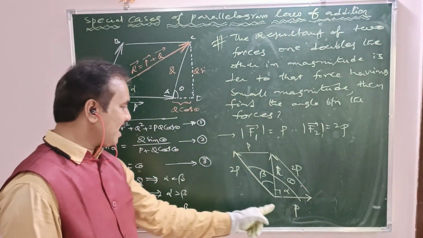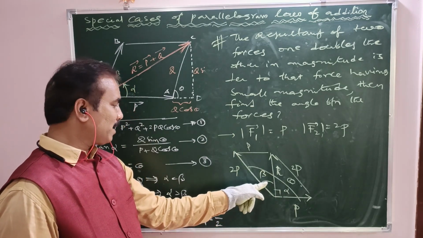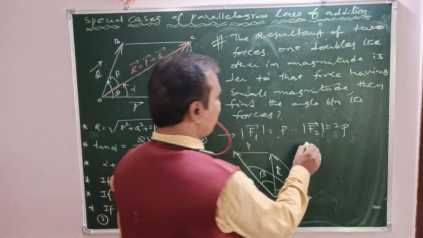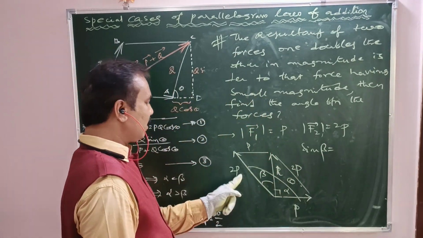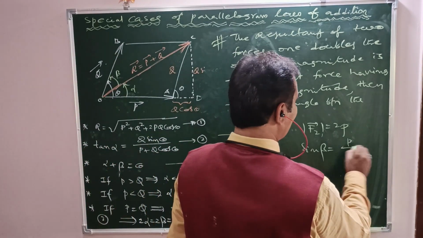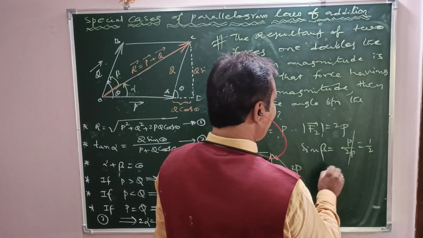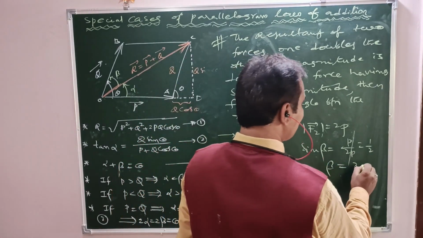Now, from this right angle triangle, we can calculate beta. With respect to beta, this is the opposite side, this is the hypotenuse. So sin beta equals opposite side by hypotenuse, that is P by 2P, that is 1 by 2. Sin beta is 1 by 2 means beta equals 30 degrees.